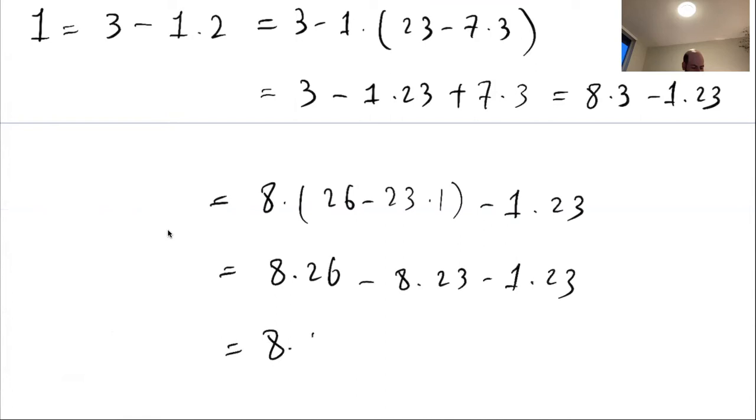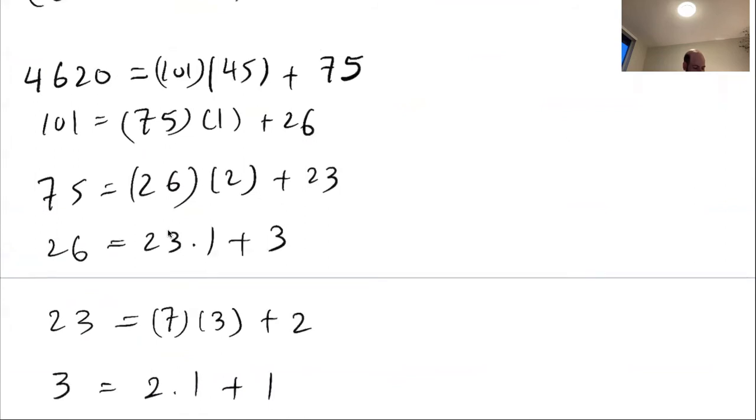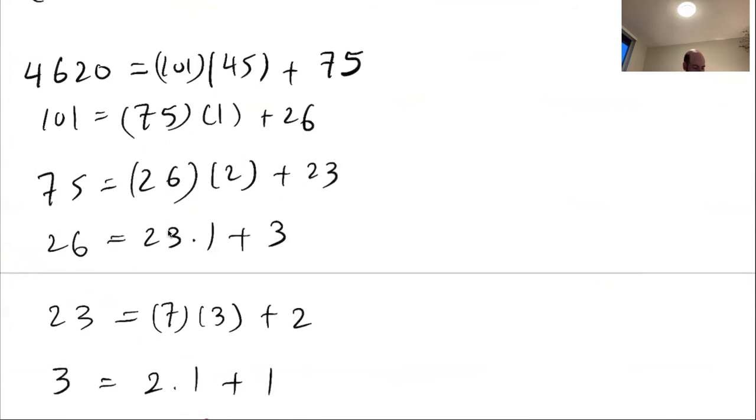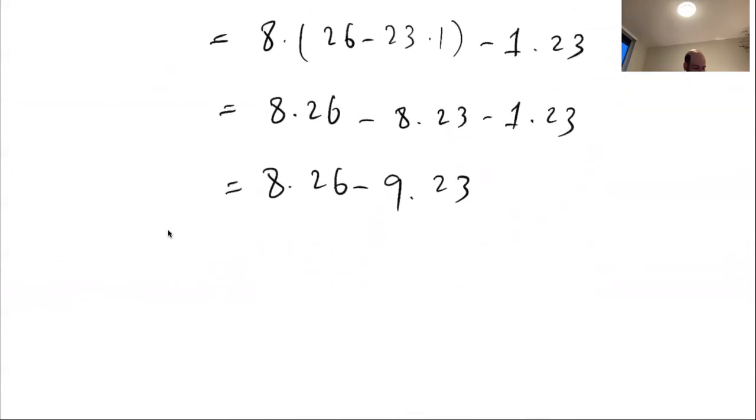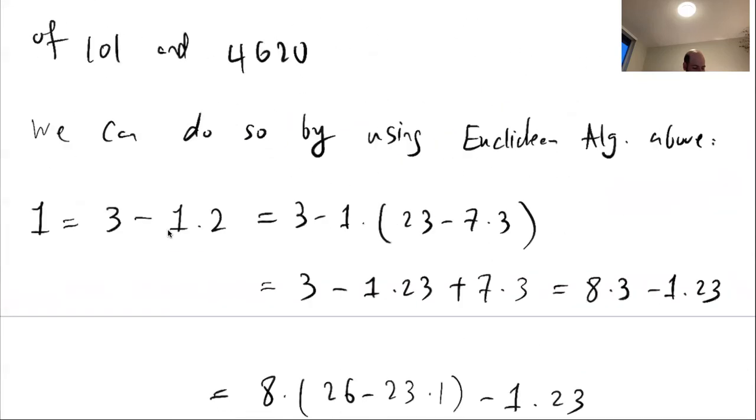That's 8 times 26 minus 9 times 23. Then again, let's go one step above. 23 itself could be written as 75 minus 26 times 2. So 8 times 26 minus 9 times (75 minus 26 times 2).